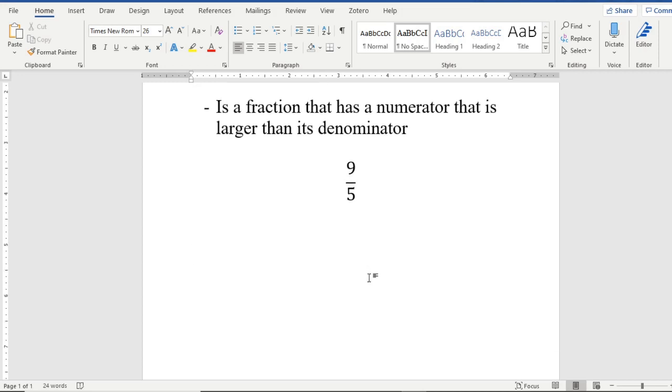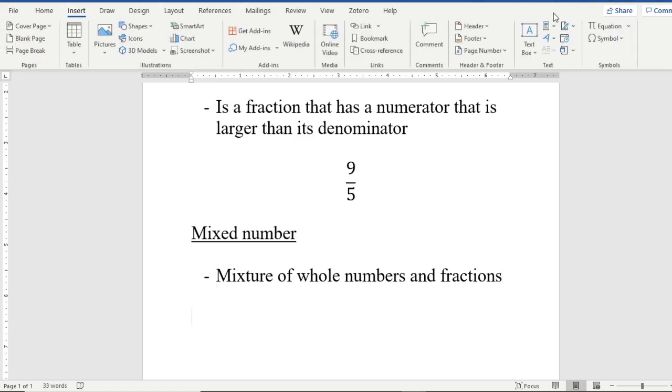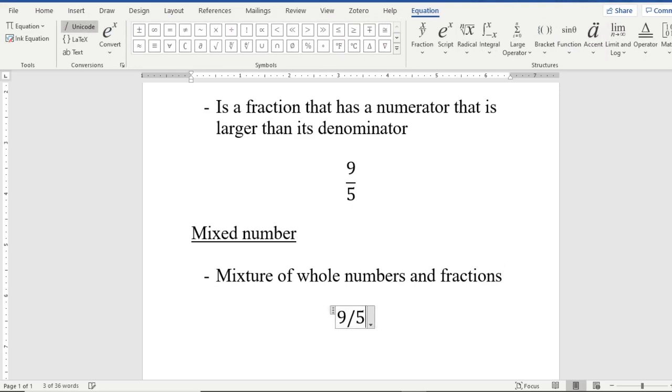So a mixed number is just like it states, it is the mixture of whole numbers and fractions. So this 9 over 5 can be converted to a mixed number.